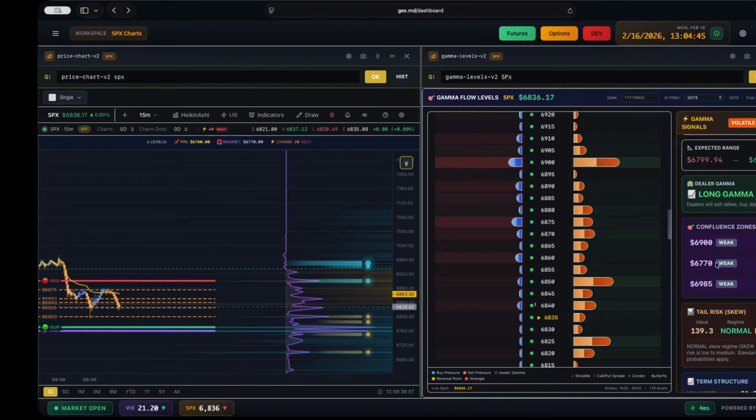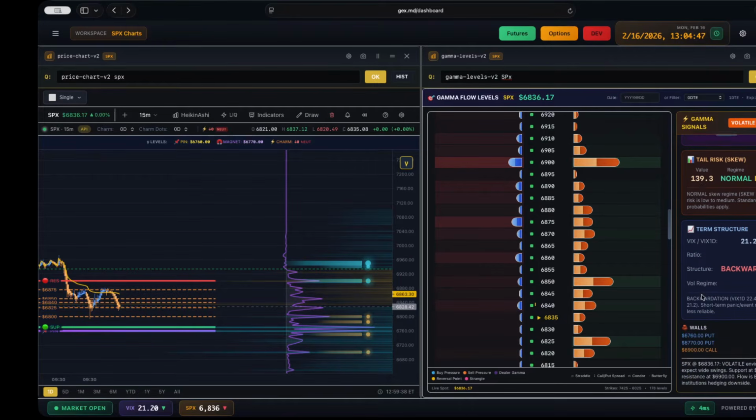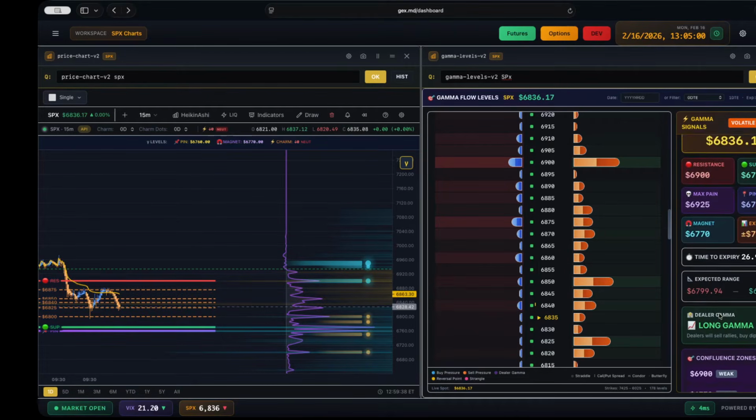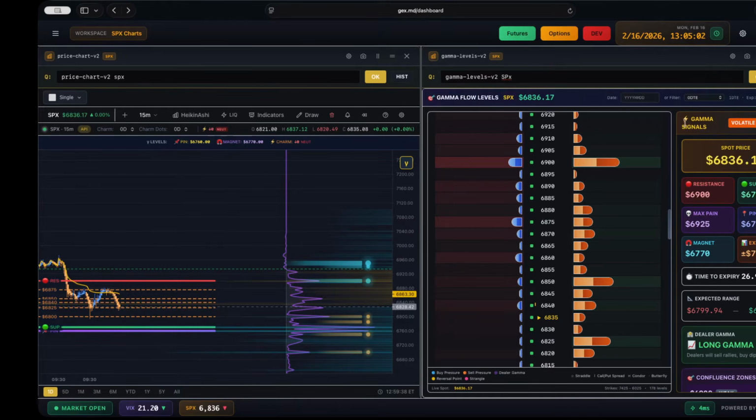And then you get the signals, you get the risk, and then you get the VIX right here, you get the range of the VIX, and then you get some other information down here. You can read it. So that's how you use the gamma levels.